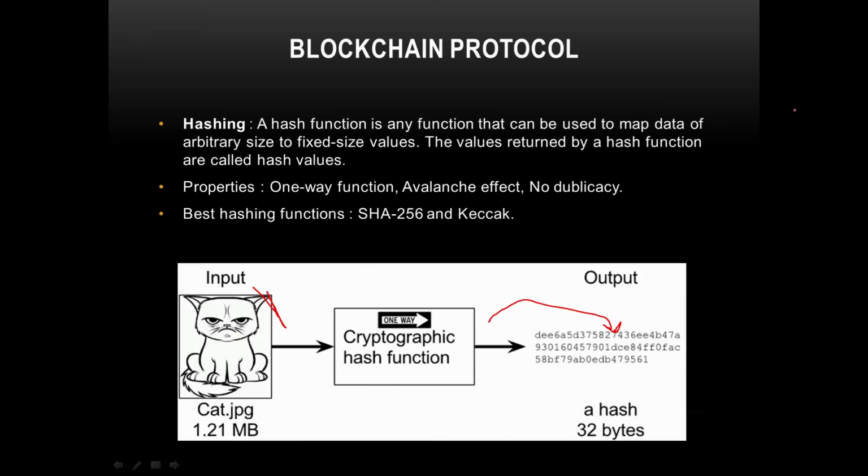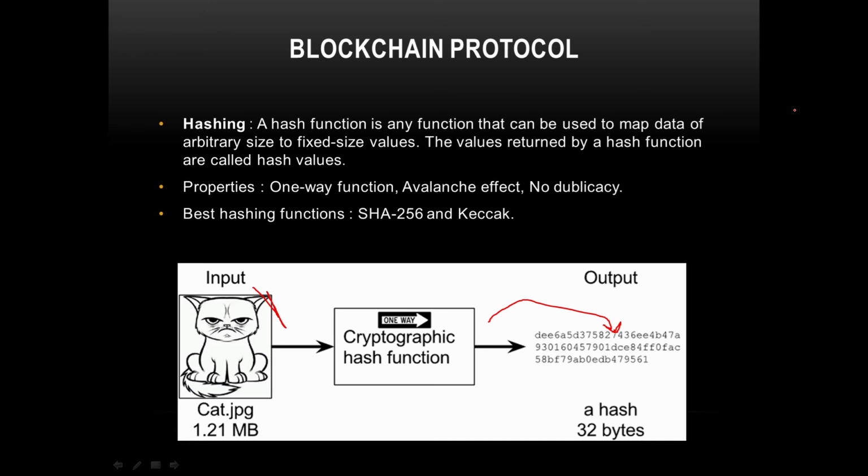Blockchain protocol. In the blockchain protocol, there is something known as hashing. A hash function is any function that can be used to map data of arbitrary size to fixed-size values. The values returned by a hash function are called hash values. Properties. It is a one-way function.